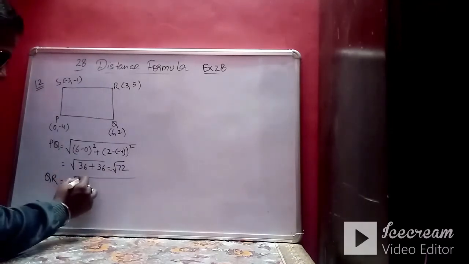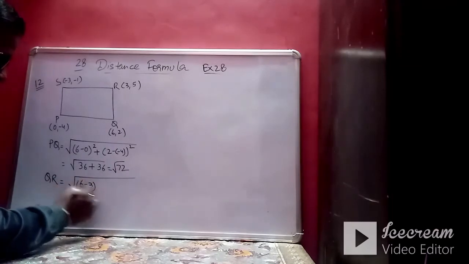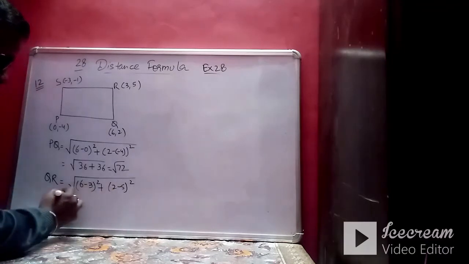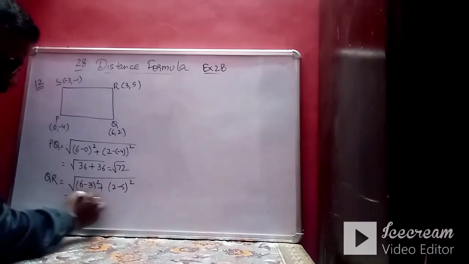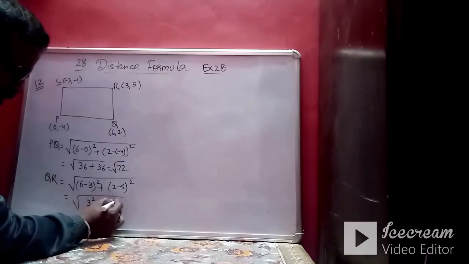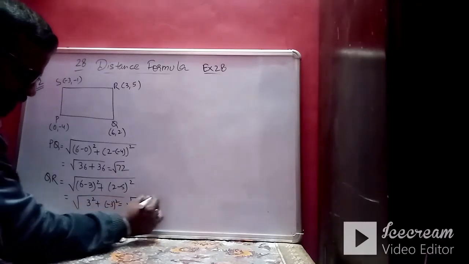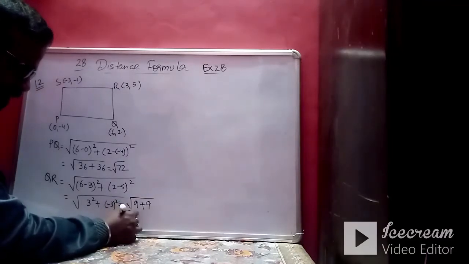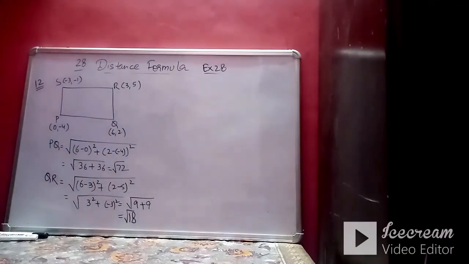So QR will be (6 minus 3) square plus (2 minus 5) square, that is 3 square plus (-3) square. So it will give you 9 plus 9, that is root 18. So QR is root 18.